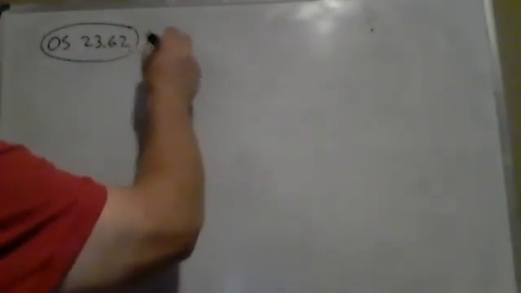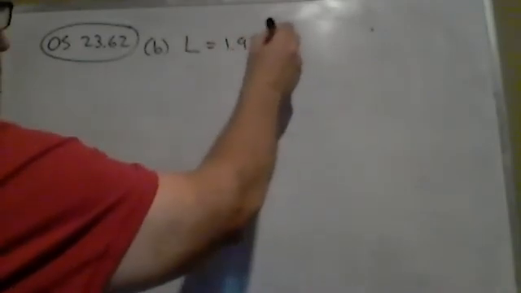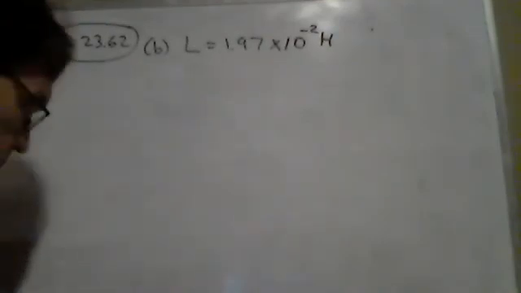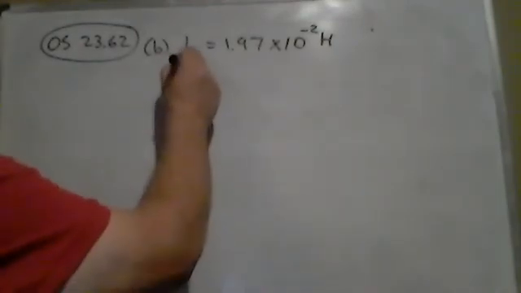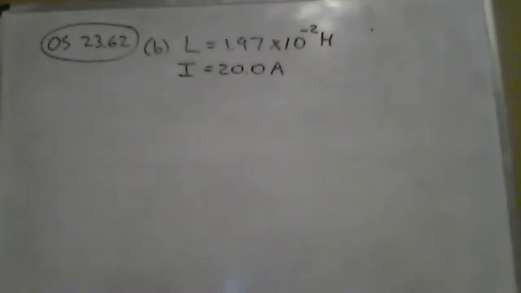For part A, we know L is 1.97 times 10 to the negative 2 henries. Part B says how much energy is stored in the inductor when 20 amperes of current runs through it. That means I now set I to be 20 amperes.